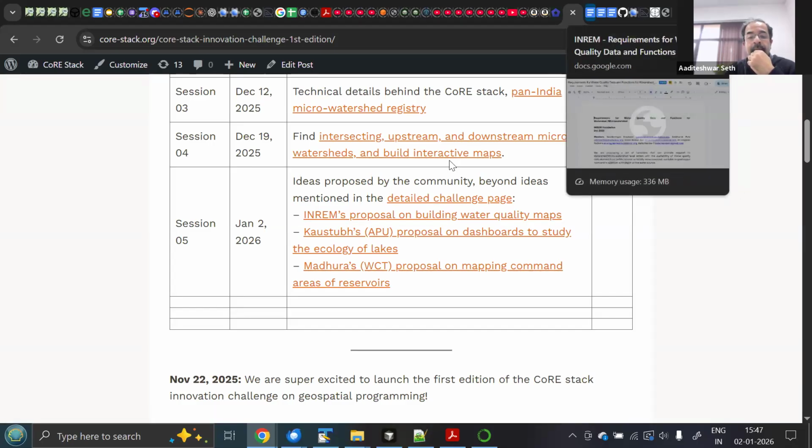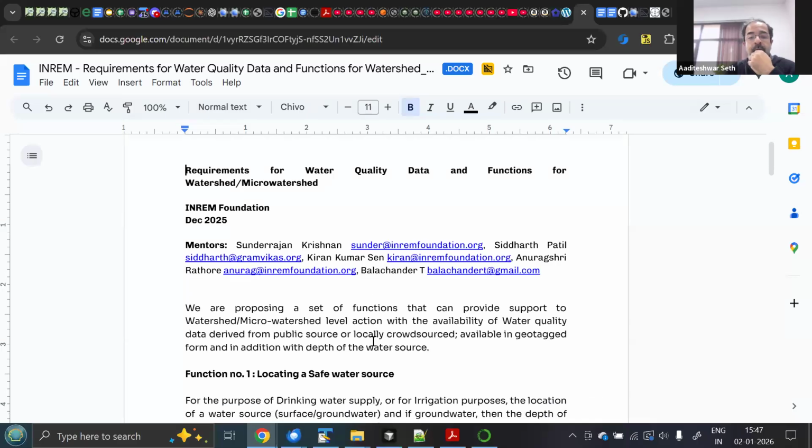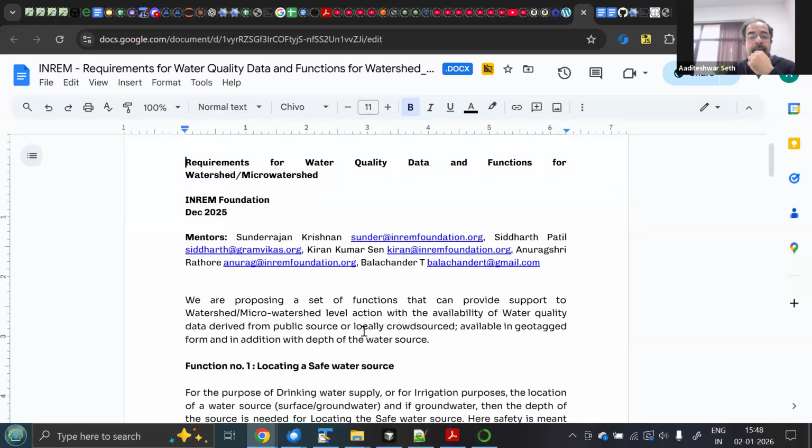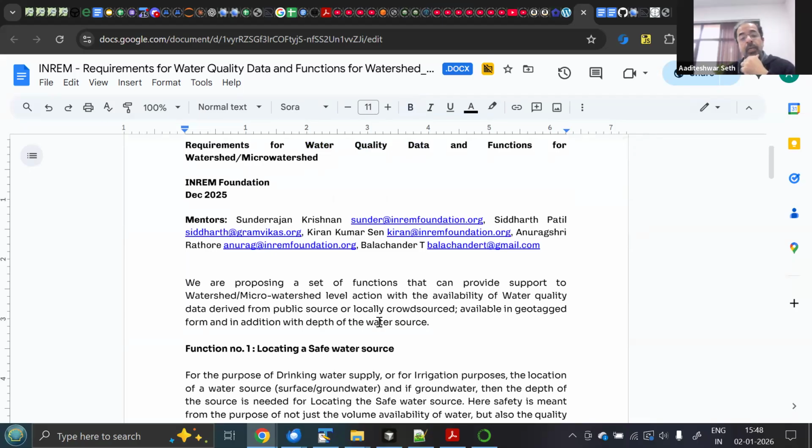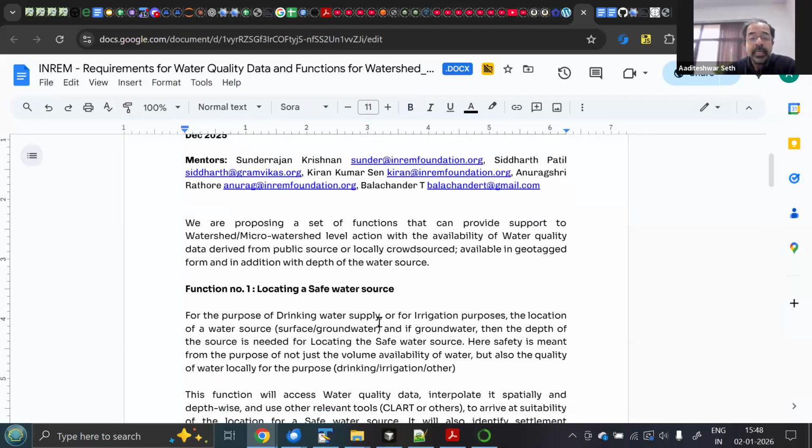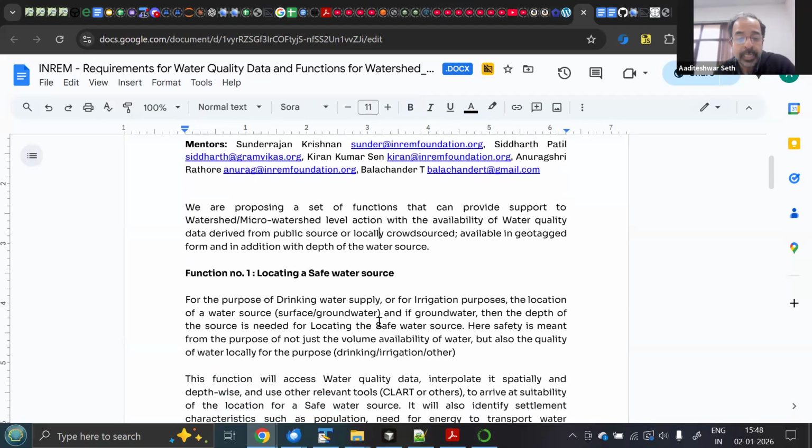So this idea by INREM, what INREM has proposed is to build water quality maps. Water quality is something that we've not integrated into the core stack as yet. But there are several national level data sets, and INREM actually specializes in this.